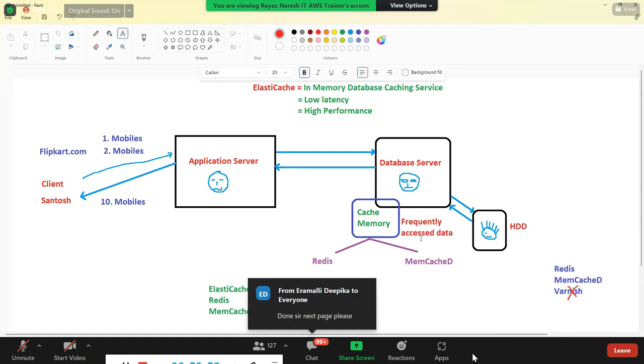Sir, how to practice for the AWS exam? Not yet, wait for it. So guys, maybe this overall thing might go up to a couple more days.